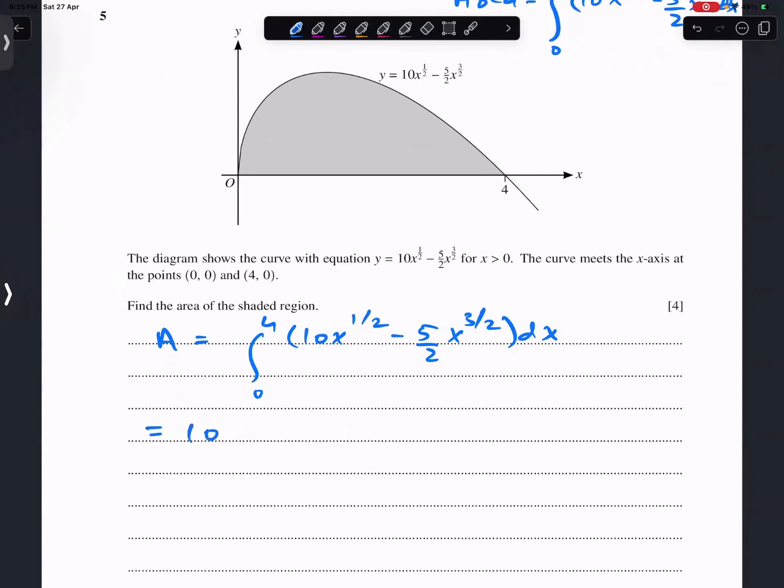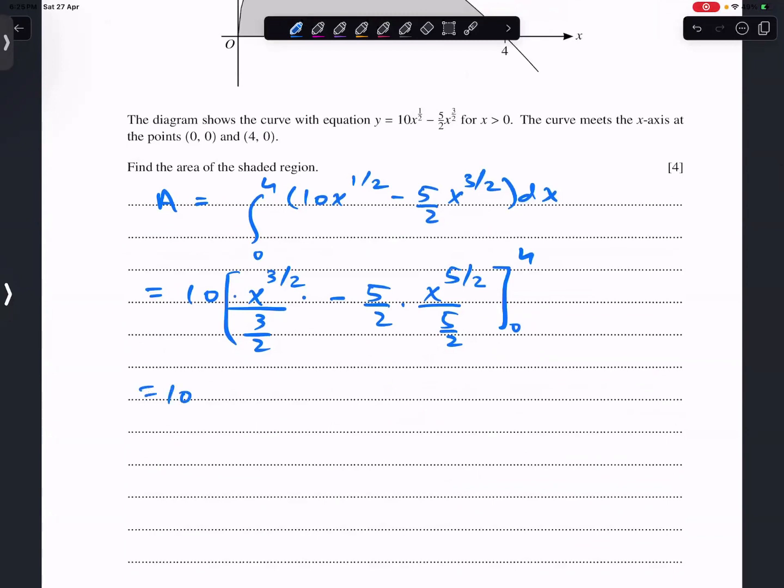Then we have 10x power 1 over 2 plus 1 will be 3 by 2 over 3 by 2, minus 5 over 2, 3 by 2 plus 1 will be 5 over 2, and then over 5 over 2. This is my area 0 to 4.